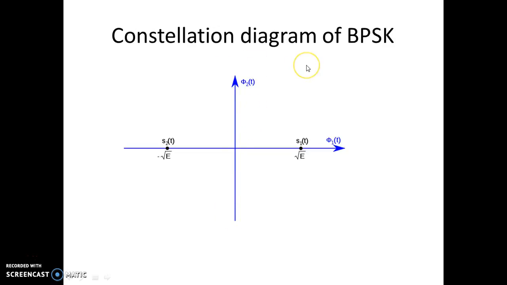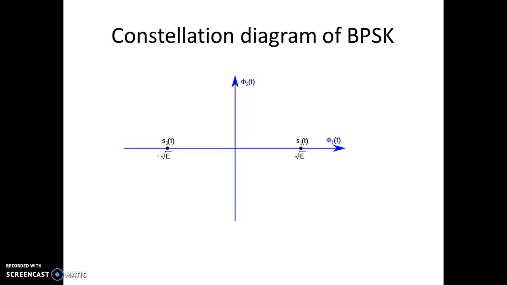Now the constellation diagram of BPSK. BPSK has two phases according to the binary 1 or 0. For a binary 0 you have minus root E amplitude, and for a binary 1 you have root E amplitude.